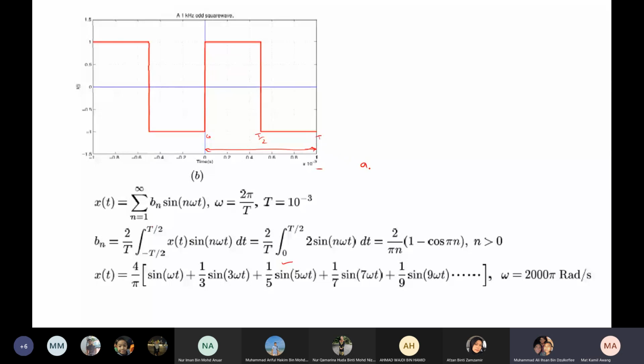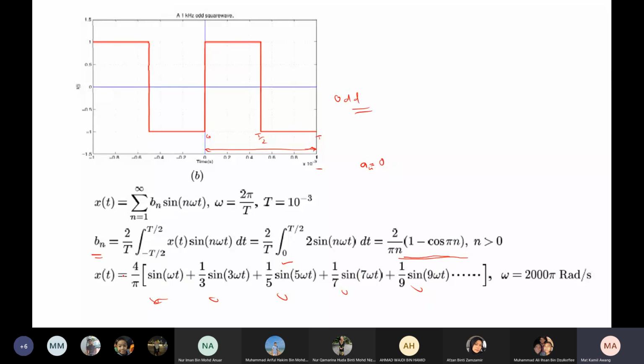So the a n terms are equal to 0 because this is an odd function, right? So you only have a b n term. So you do this. This is the b n terms. And if you substitute n equal to 1, 2, 3, 4, then you get the first function, second, third, fourth, fifth.